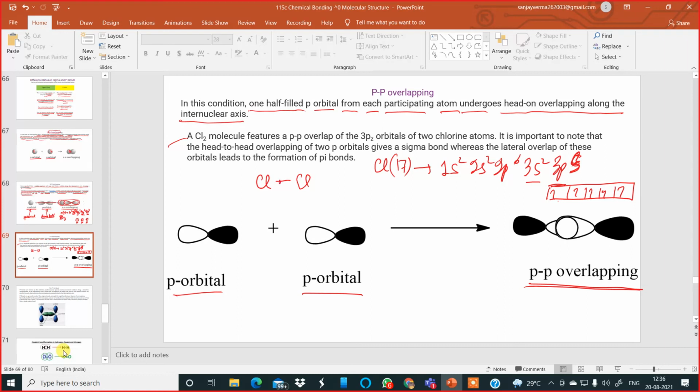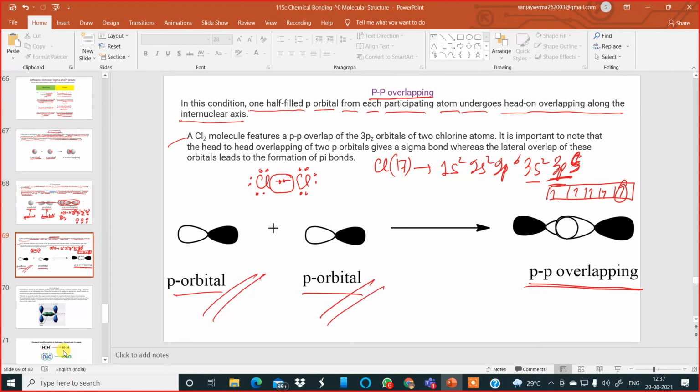Two electrons get shared, and the other electrons remain as lone pairs on each of the chlorine atoms. This overlapping has happened because of the pp overlap, because it is the 3p electrons which are participating in bond formation. So that was an example using the chlorine molecule.